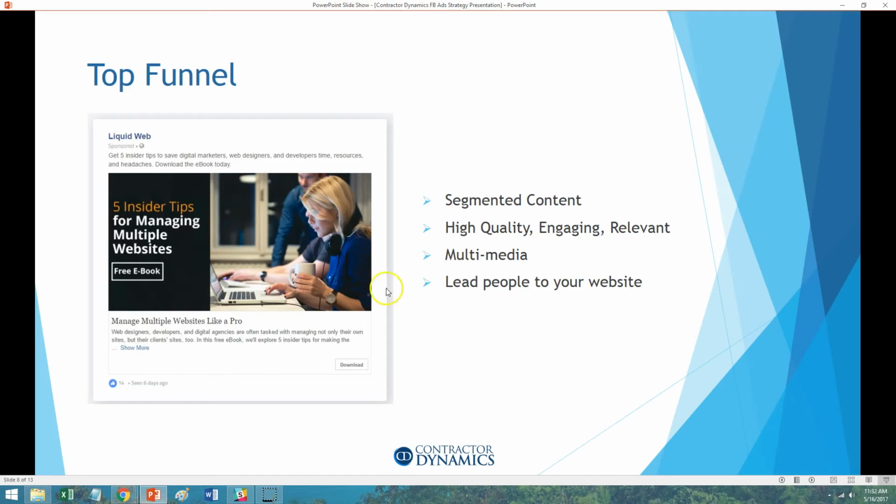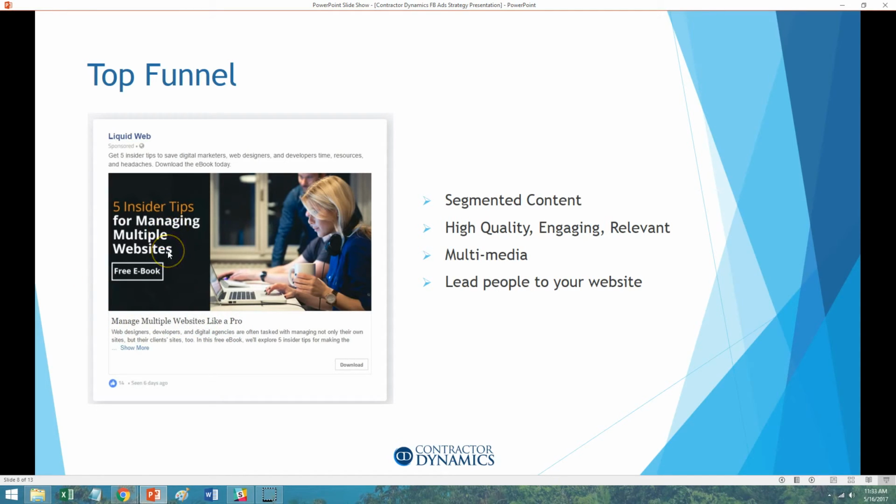So we're going to look at a top of funnel ad, which is for a marketing company such as ours, so you can target people who might have multiple websites or who have demonstrated behavior that they might have multiple websites. So this is a valuable piece of content that people can download. This isn't a huge interruption when people are visiting their Facebook page. It's not hitting them with a buy now button or anything like that. It's here's our free guide.